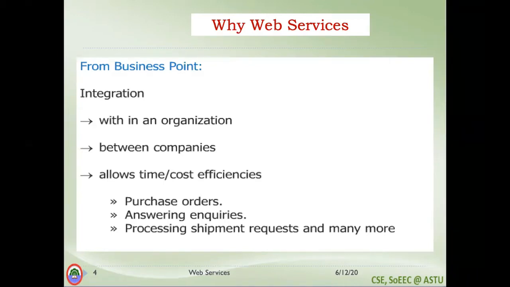Reusability can be dramatically improved using web services. That's one of the main points. You know what the advantage of reusability is? It improves productivity, it reduces cost, and quality also can be improved dramatically. So reusability is one of the desirable characteristics for an organization to maintain its leadership, right?